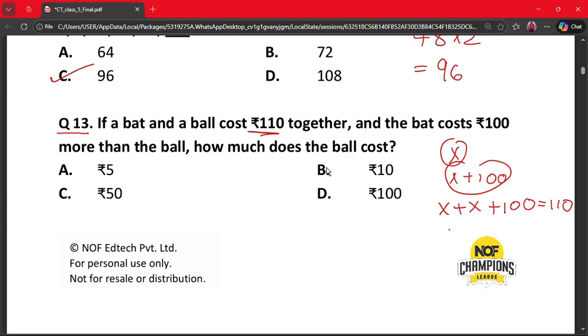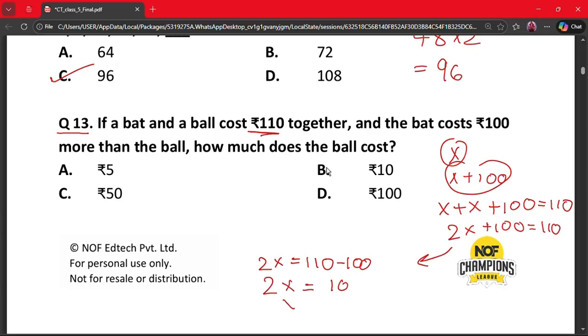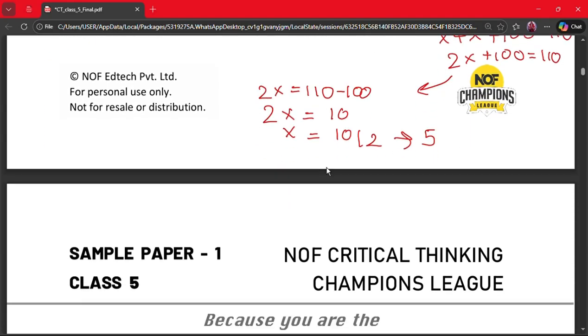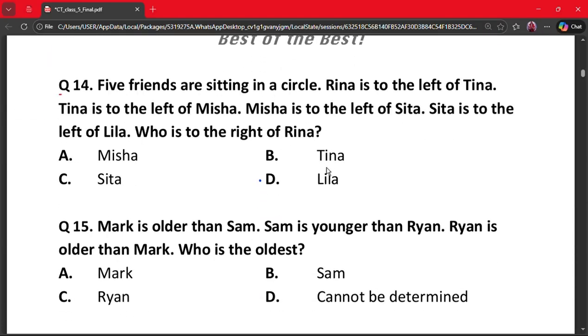So here 2x plus 100 is equal to 110, that is 2x is equal to 110 minus 100. This gives 2x is equal to 10 and x is equal to 10 by 2, that is 5. So the cost of the ball is rupees 5. That is option A.